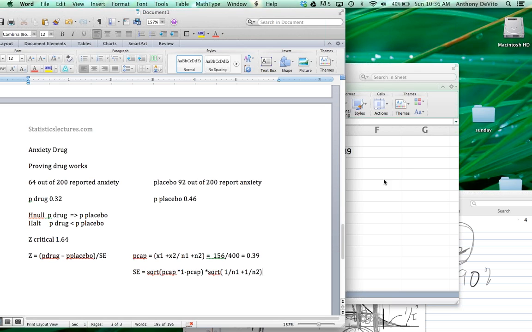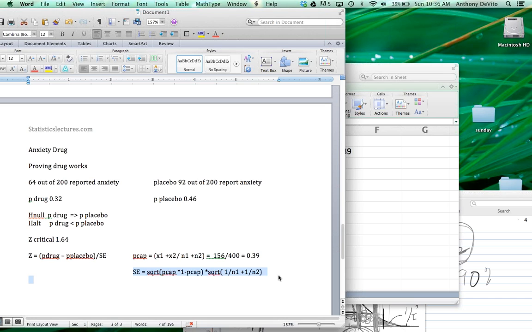Pretty nasty, right? Personally, I think this is a good argument for using SPSS, isn't it? Oh, actually, we're dealing with proportions. A little bit more difficult to use it for proportions. But this is an interesting problem in that the calculations get a little bit more complicated than we did before.